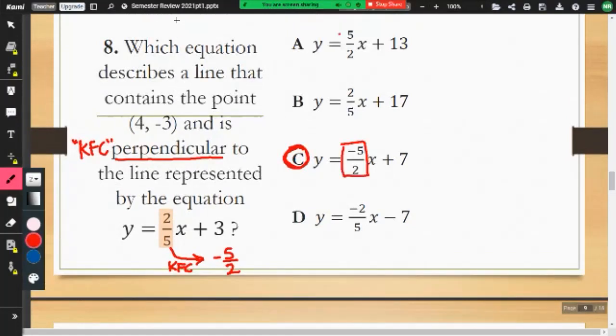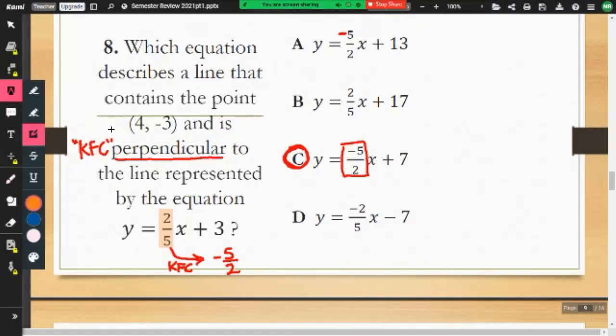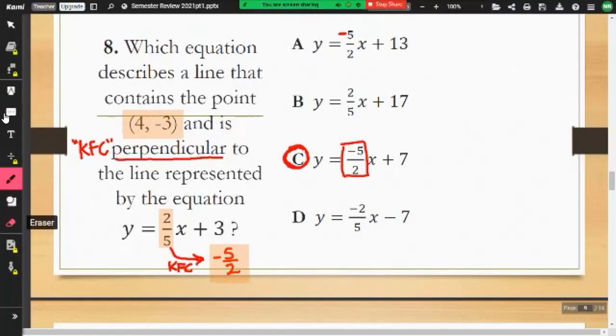But let's say, for example, hypothetically, that A is also -5/2. What can I do then? I have a slope. They also give me a point. What can I do? Use what? Point slope form, x1, y1. There's a lot of point slope form. That's not going to go away.